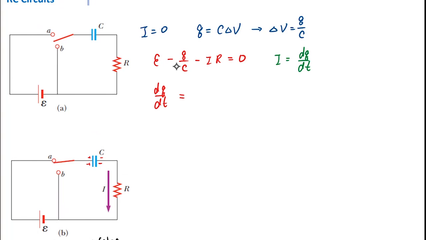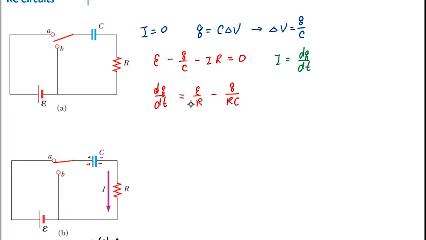So that is equal to CE minus Q. And then I'm dividing R on both sides. So this will be E over R minus Q over RC.